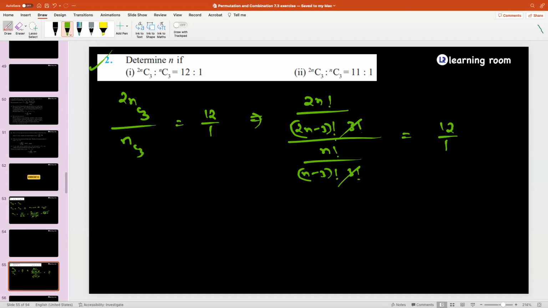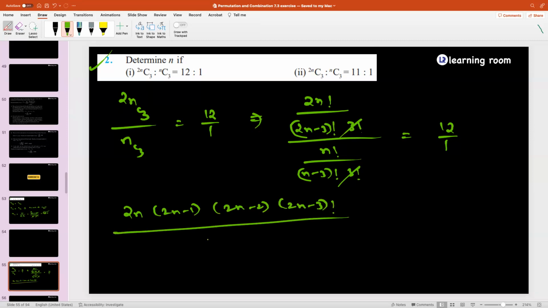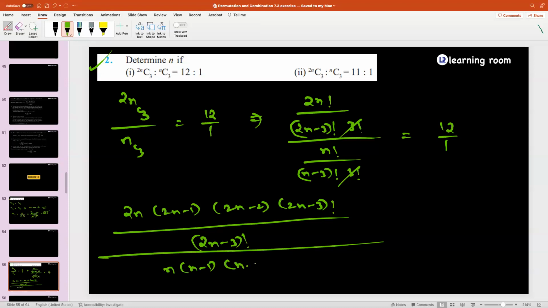So 2n factorial can be written as, listen to this carefully, 2n into 2n minus 1 into 2n minus 2 into 2n minus 3 factorial, the whole divided by 2n minus 3 factorial. This whole thing is divided by n into n minus 1 into n minus 2 into n minus 3 factorial, the whole divided by n minus 3 factorial.